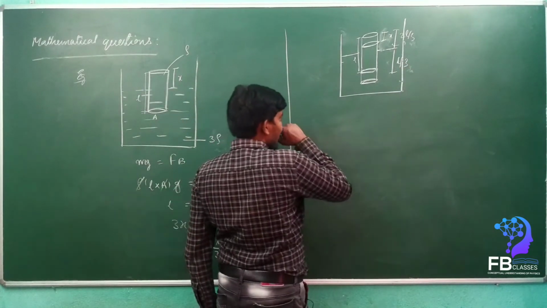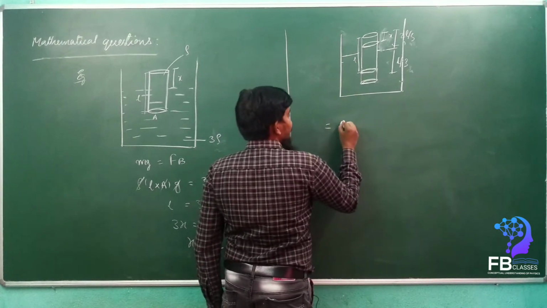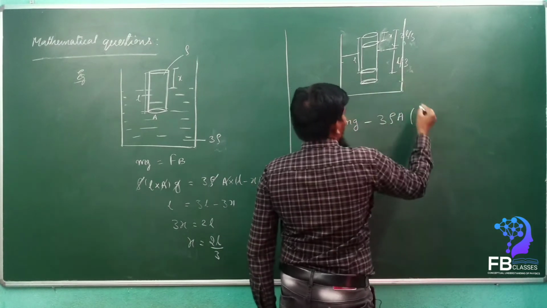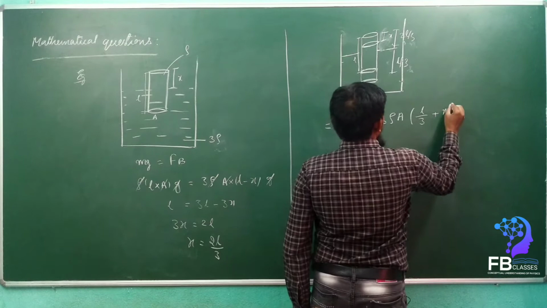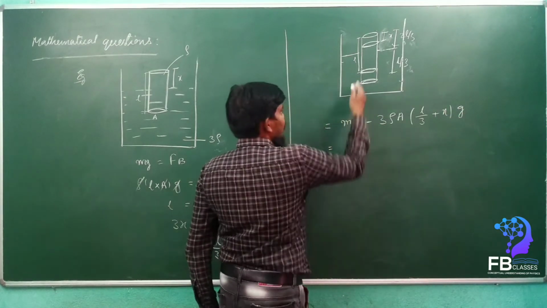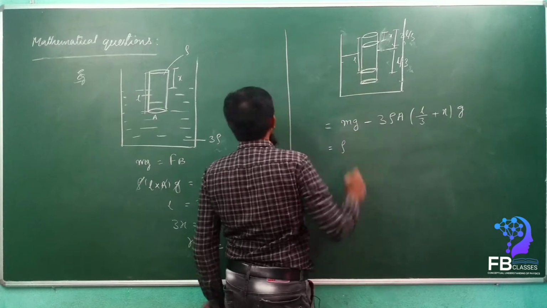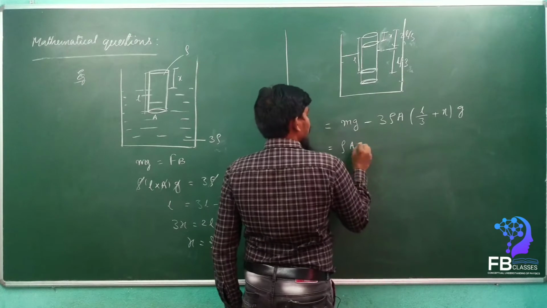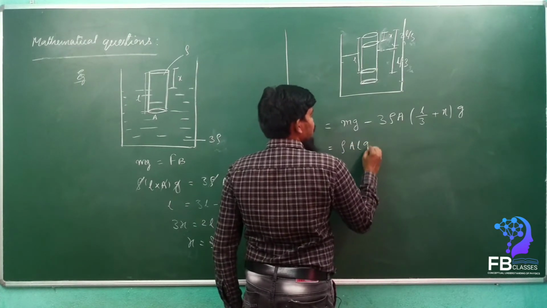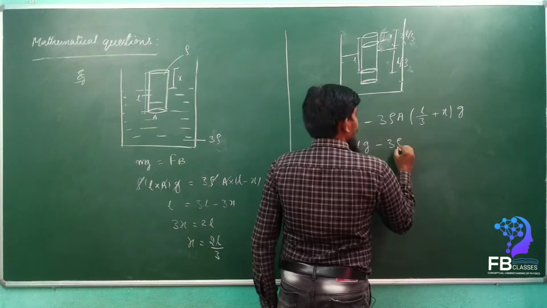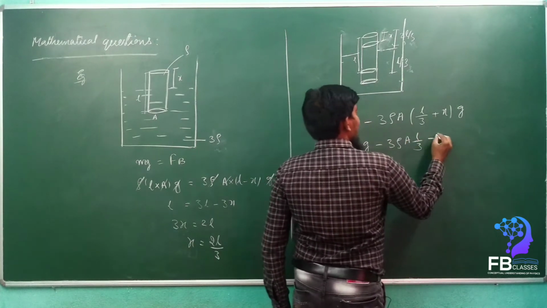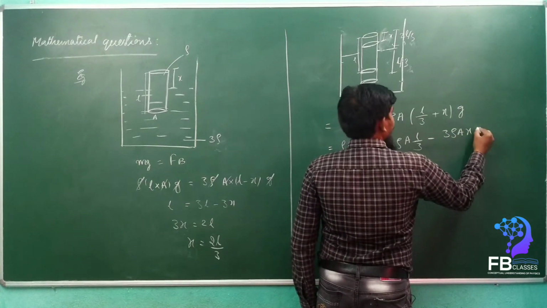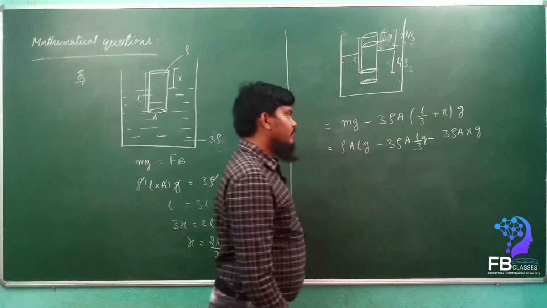So now how much is the buoyancy force? The net force is mg minus 3 rho A into (L by 3 plus x) into g. Here mg is the density of the cylinder times its volume, rho A L g, minus 3 rho A L by 3 g, minus 3 rho A x g.